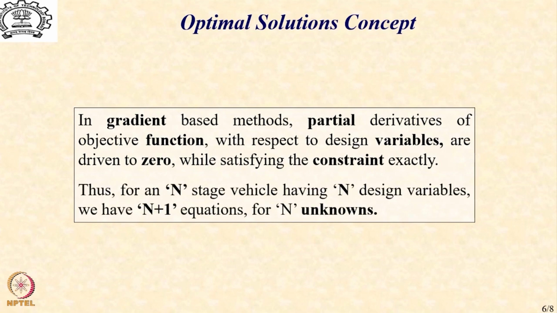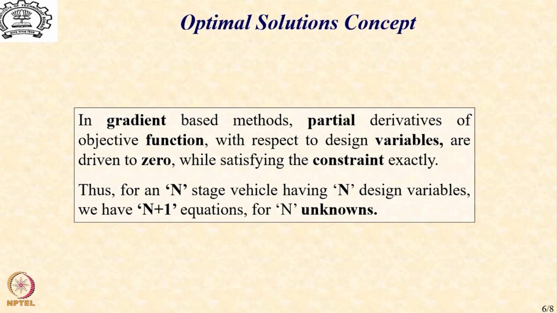So, if we have an n-stage vehicle, for each stage we will have n values of the payload ratio or pi's. So we can treat them as n design variables, which obviously means that we will get n partial derivatives or n algebraic equations. Now we also have a constraint either on v star or on pi star that becomes our n plus 1th equation.